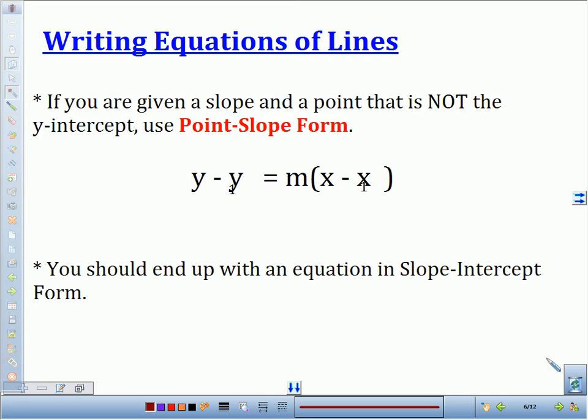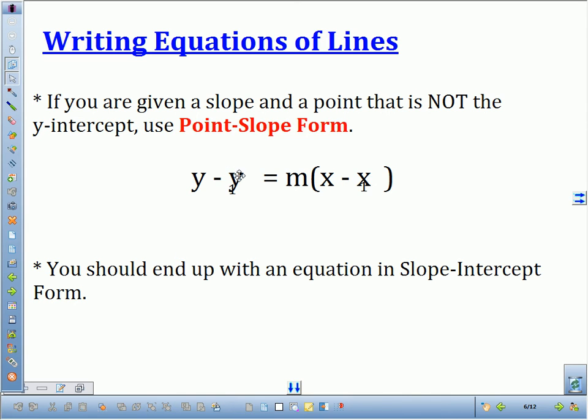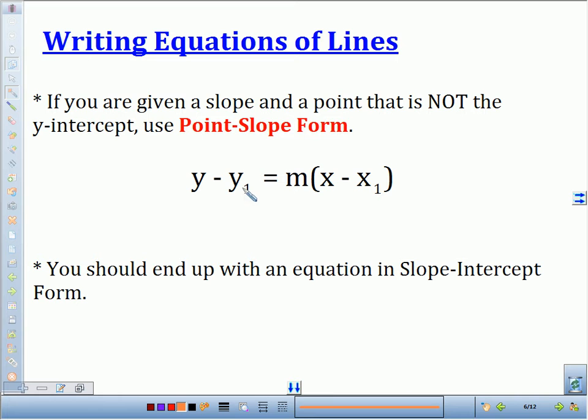If you're given a slope and a point that is not the y-intercept, we want to use point-slope form. Now, point-slope form looks like this. It might be less familiar to you, but you might have also seen it in Algebra 1 or in geometry. Point-slope form gives us y minus y1 equals m times x minus x1 in parentheses.